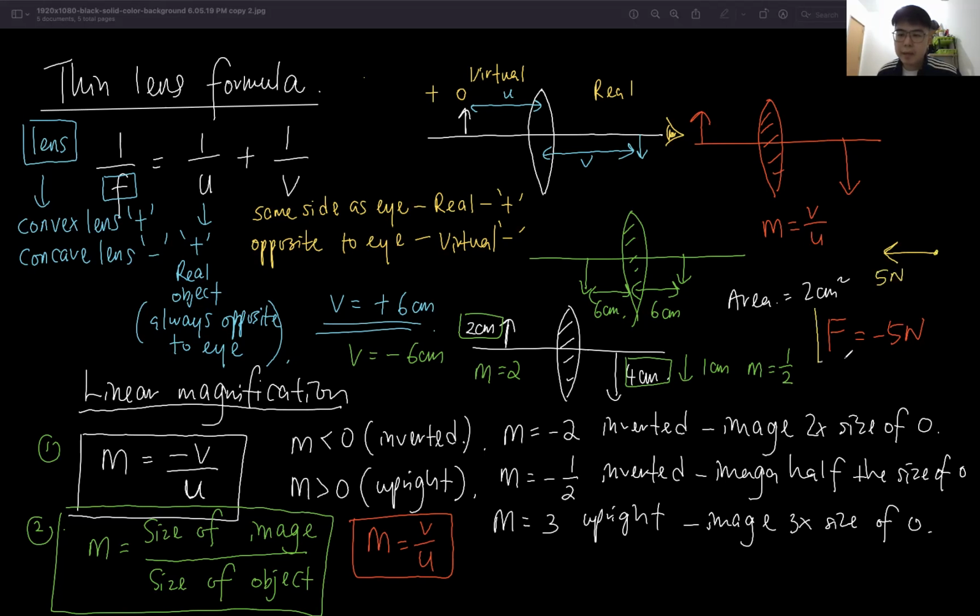This is one way to write it, just mathematically, -5 Newton. Or I can show the direction and only write down the magnitude, F equals 5 Newton. The negative is already represented graphically. That is the difference. That is why sometimes you see the negative, sometimes you don't. Without the negative, we are only calculating the magnitude. With the negative, you can get the orientation, upright or inverted.